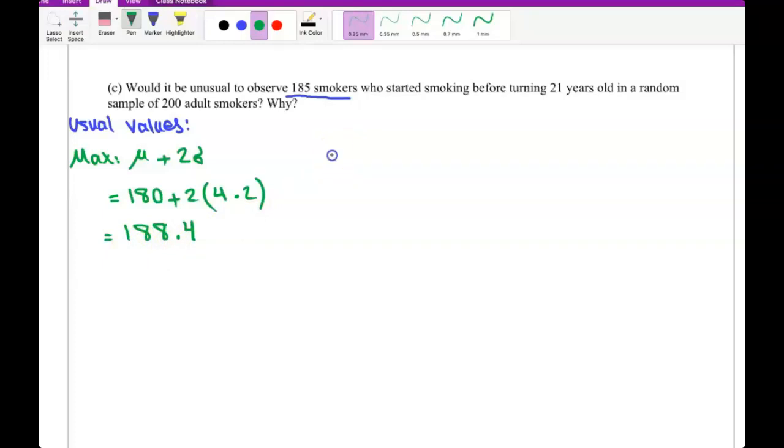Okay, now finding the minimum value. So this is mean minus 2 times standard deviation. That is 180 minus 2 times 4.2. It's 171.6.